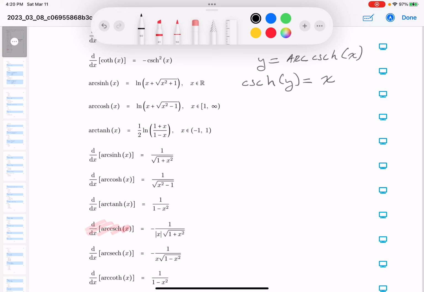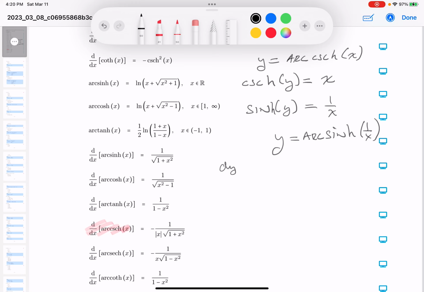Write it as the hyperbolic sine of y would be 1 over x. I'm now going to rewrite it back in terms of y, and that's going to be the arc hyperbolic sine of 1 over x. All right, now I'm in familiar territory.